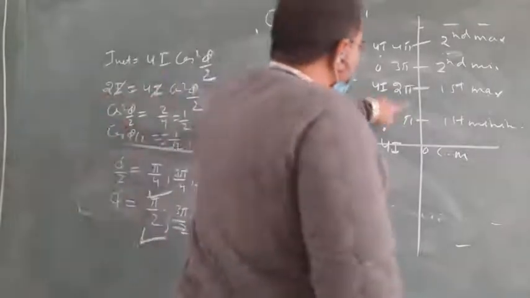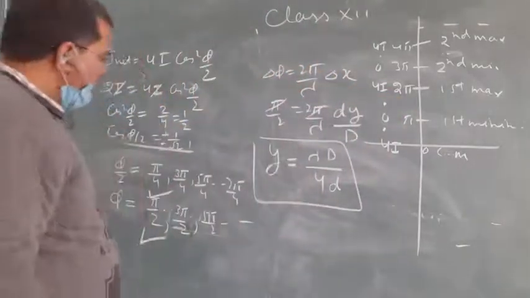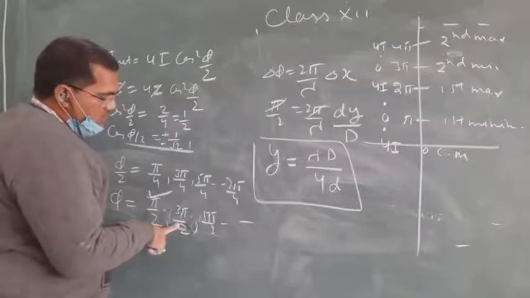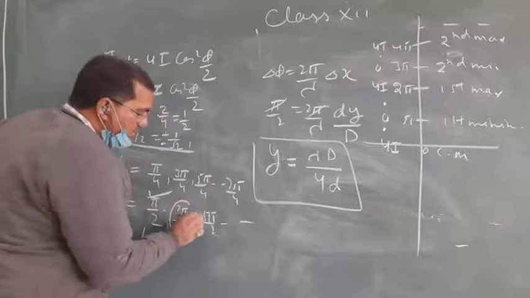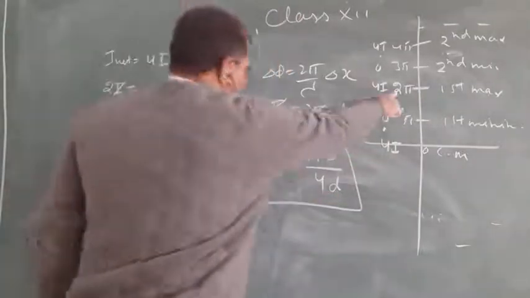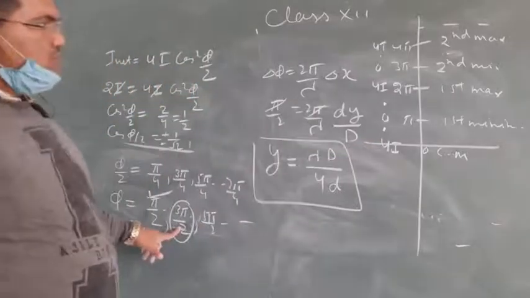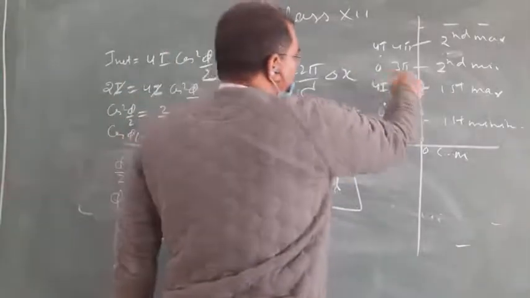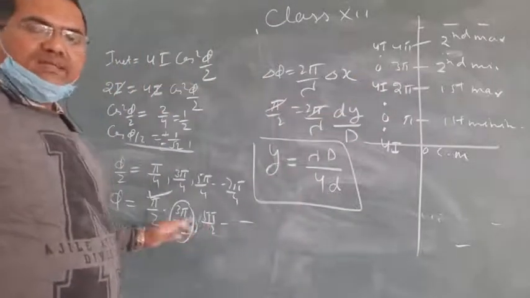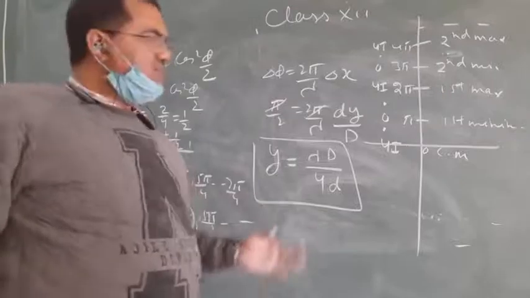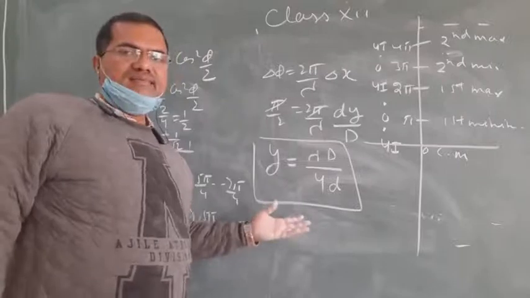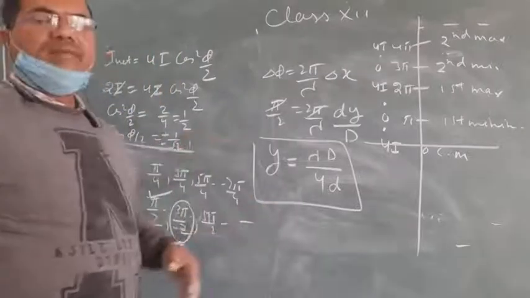Again 50% comes from pi to 2 pi. Here is 3 pi by 2. So this is the solution for 2i between pi and 2 pi. Similarly, you can also find 2i between 2 pi and 3 pi. So there are many solutions of intensity, 50% or 75%, and a lot of questions arise from this concept.